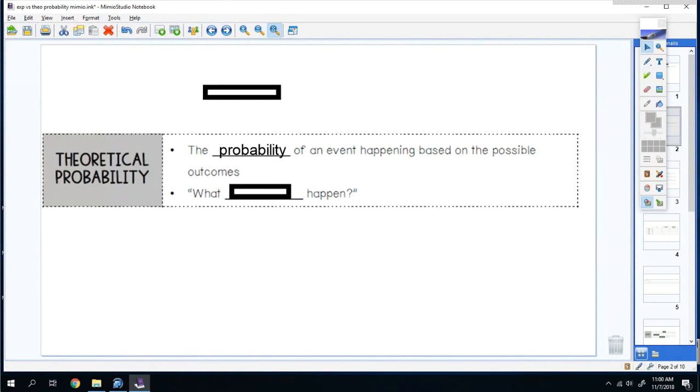Theoretical is the probability of an event happening based on the possible outcomes. Basically, what should happen. And that's what we did yesterday. Theoretical is, in theory, if I give you a dice, 6 will appear 1/6 of the time. Now, if you actually rolled the dice and got data, got numbers to appear, that's experimental.